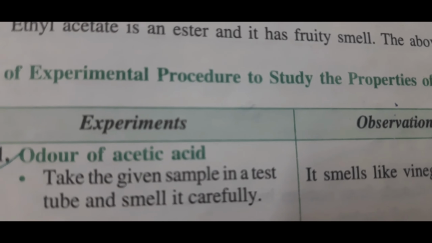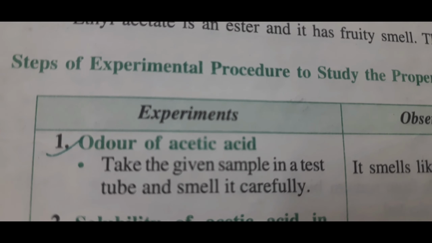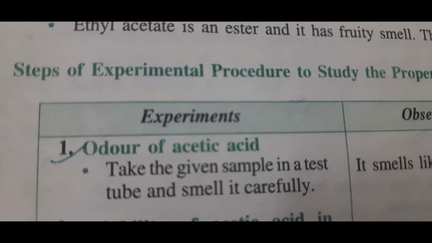Now come to the first point in the experiment. Write with green pen: odor of acetic acid and how it smells. Take the given sample in a test tube and smell it carefully.